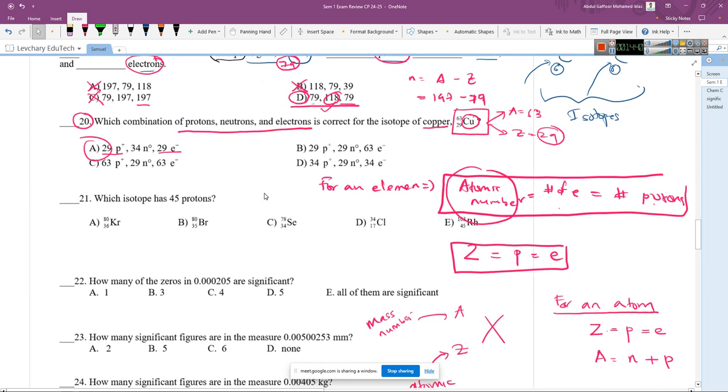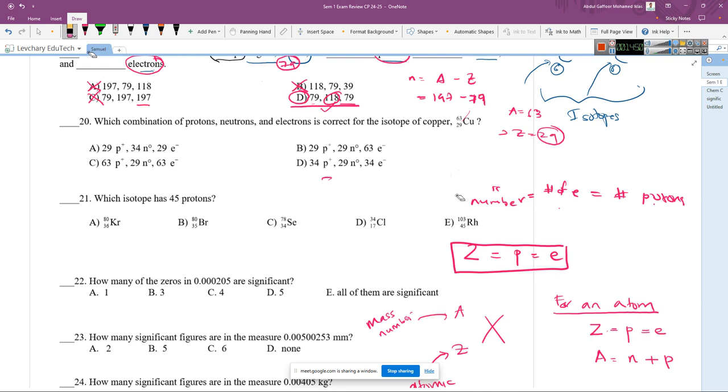they are talking about copper, right? So here instead of X we have Cu. Let me erase all these and explain. Look at this question.